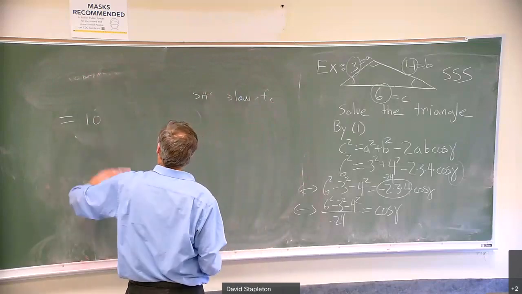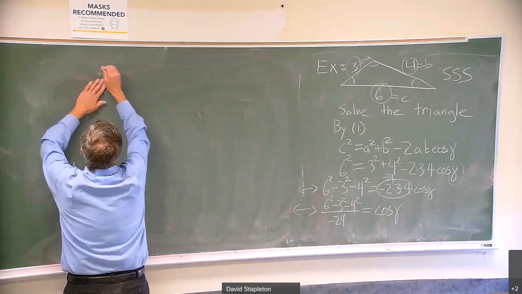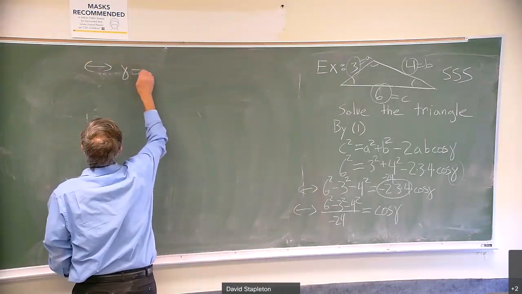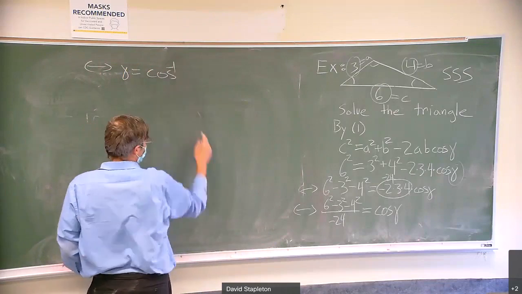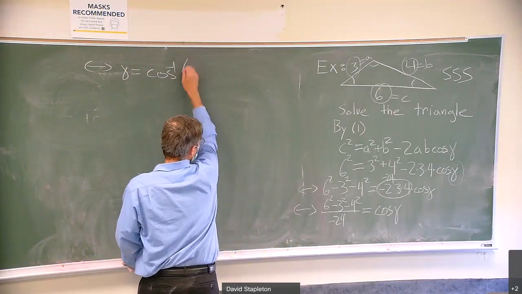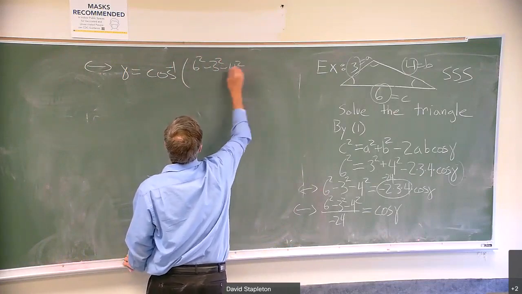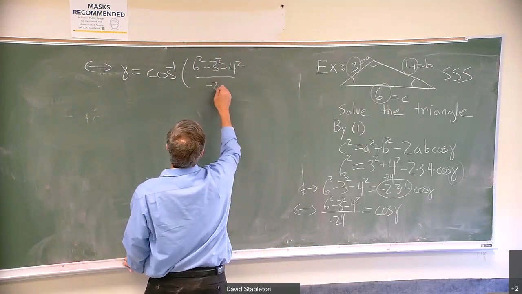It's the arc cosine. Gamma is the inverse cosine. The angle that has that cosine that's between 0 and 180 degrees is the arc cosine of 6 squared minus 3 squared minus 4 squared all over negative 24.